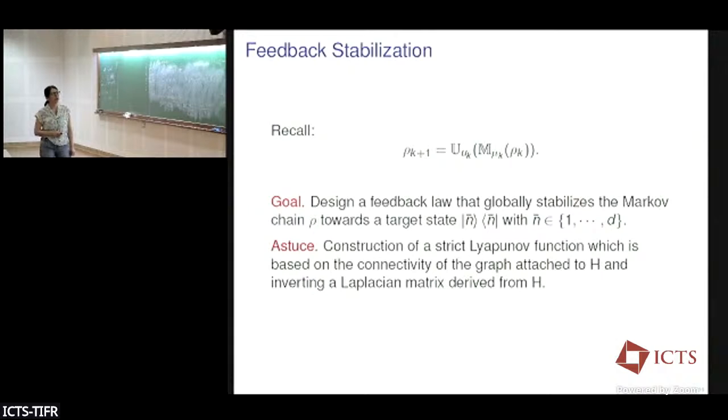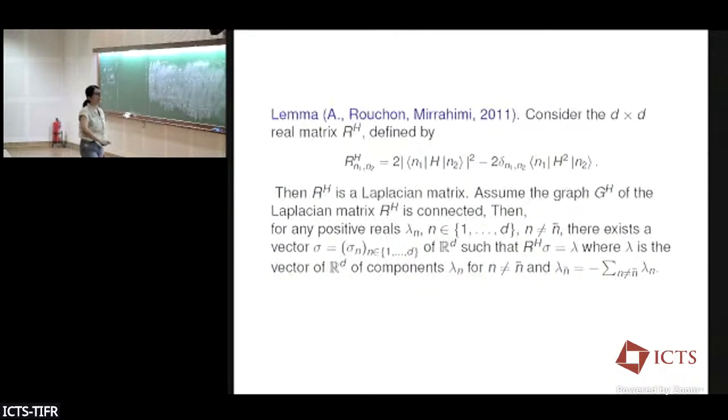And so the idea is like this. In fact, this is not always possible in general in control theory, so you need some assumption on your Hamiltonian. We suppose that the Hamiltonian is connected: if you look at the graph associated to the matrix of the Hamiltonian, suppose that it's connected.